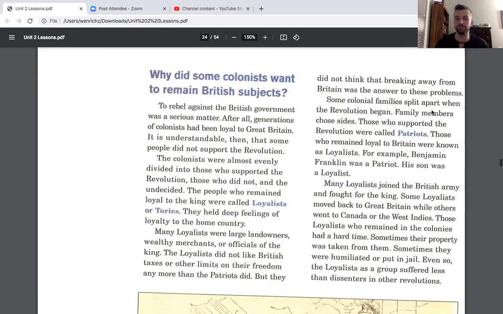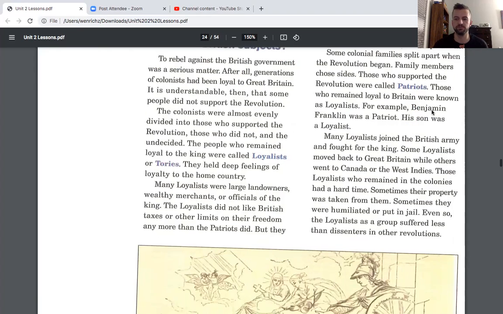Split, family split. Many loyalists joined the British Army and fought for the king. Some loyalists moved back to Great Britain while others went to Canada or the West Indies, where all that sugar is coming from. Those loyalists who remained in the colonies had a hard time. Sometimes their property was taken from them. Sometimes they were humiliated or put in jail. Even so, the loyalists as a group suffered less than dissenters in other revolutions.